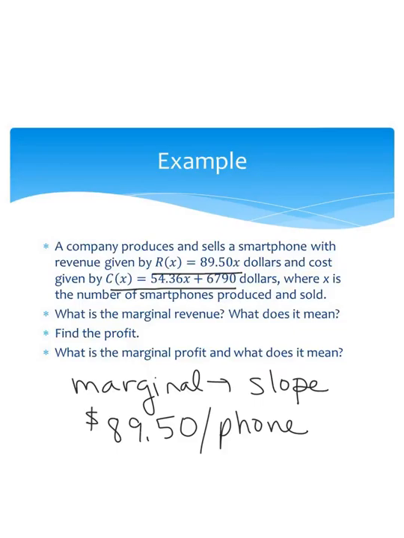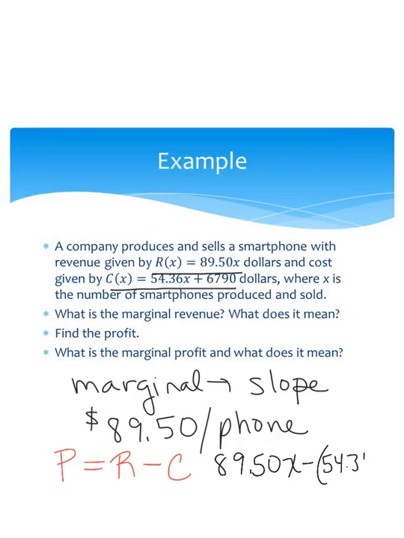The next question asks us to find the profit. You need to know that profit is always the revenue, whatever you make, minus whatever it costs you to actually create the product. So we're going to take the 89.50x and subtract from it that entire cost function, 54.36x plus the 6790.